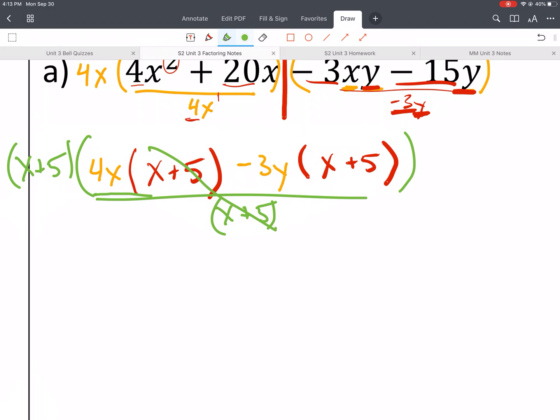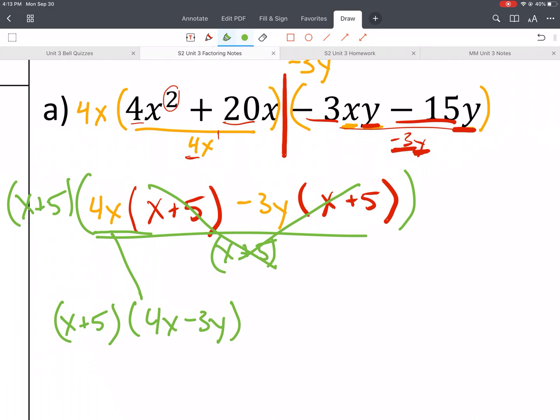Then negative 3y times x plus 5, divided by x plus 5, would cancel out. So we have x plus 5 times what's left, 4x minus 3y.